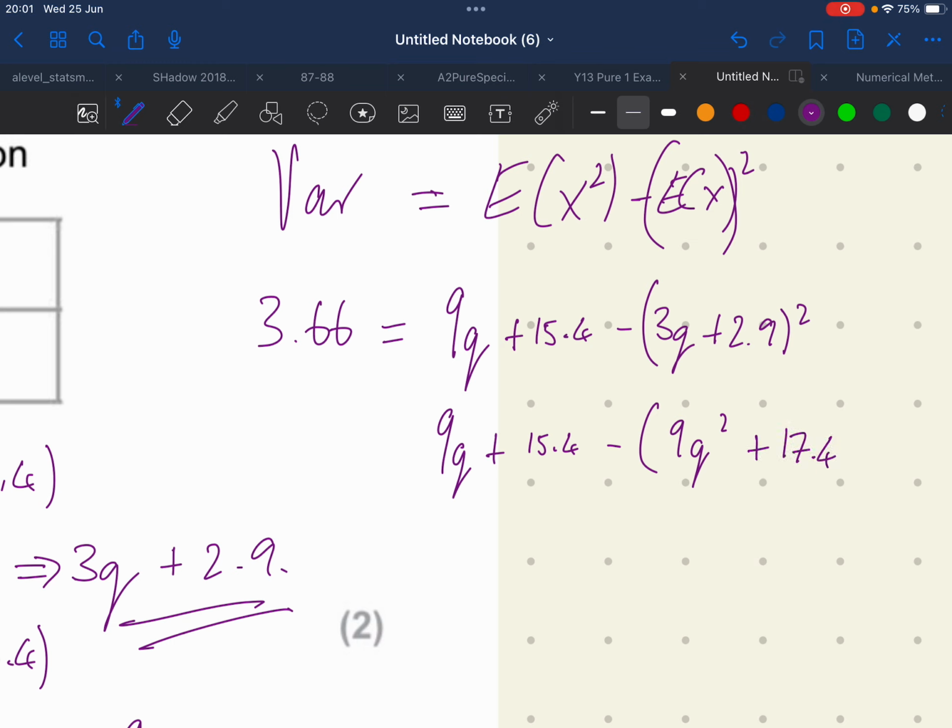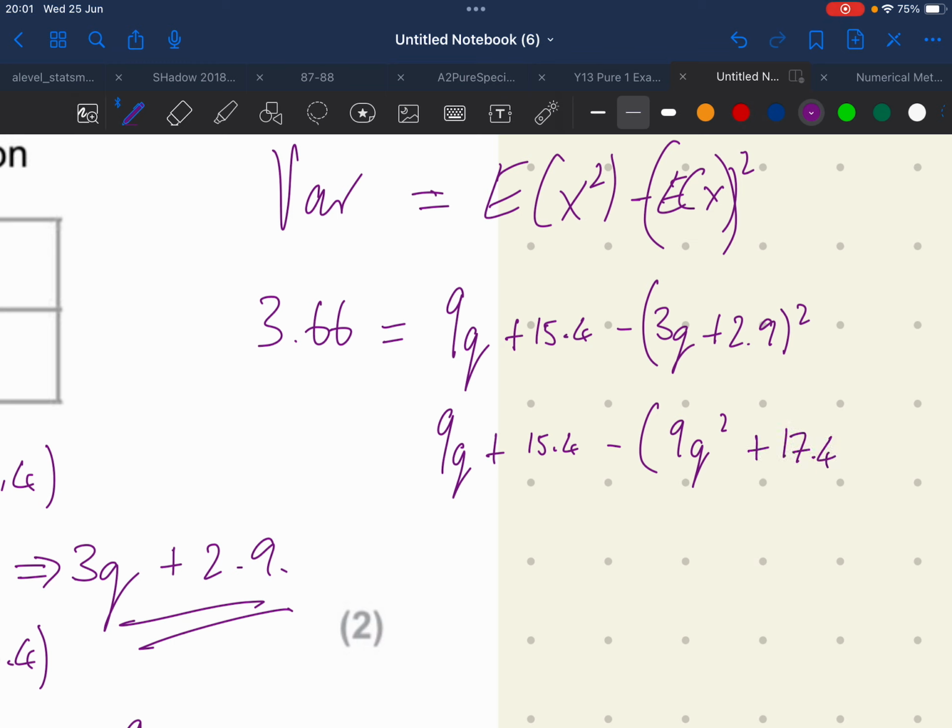Let's just think about that a second. Ah, yeah, okay. So plus 17.4Q plus what's 2.9 squared? That's going to be 8.41. Okay, and actually it wasn't what I first thought was going to happen.